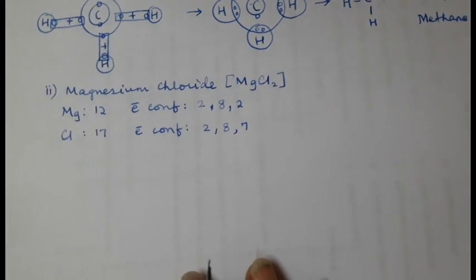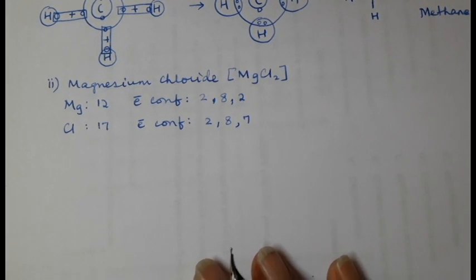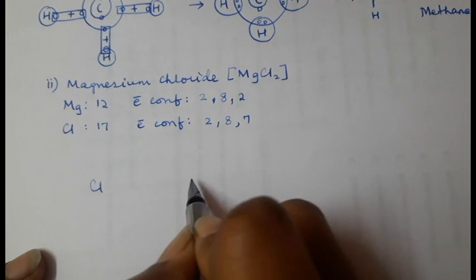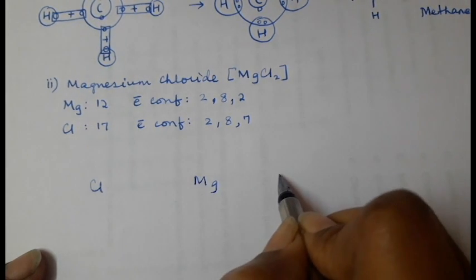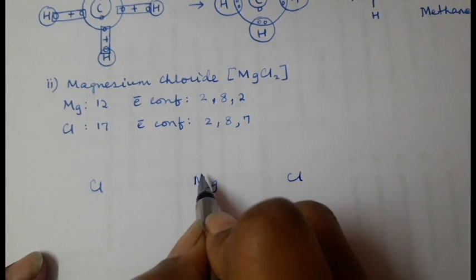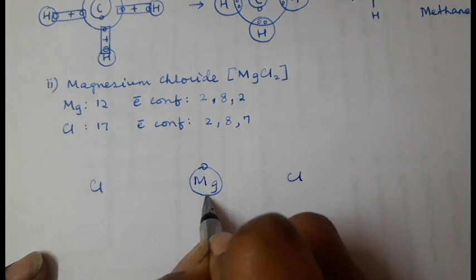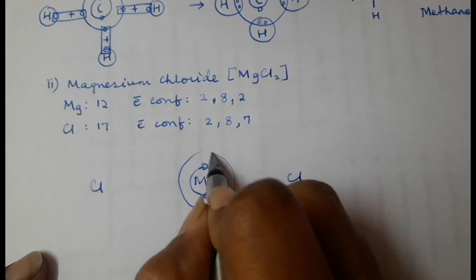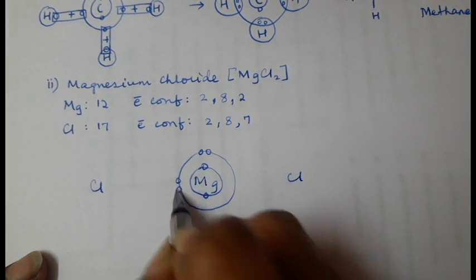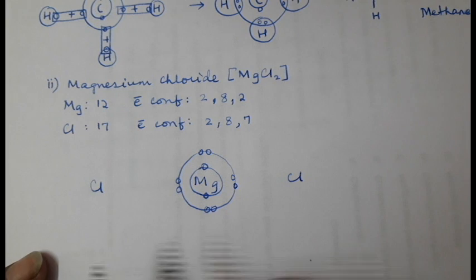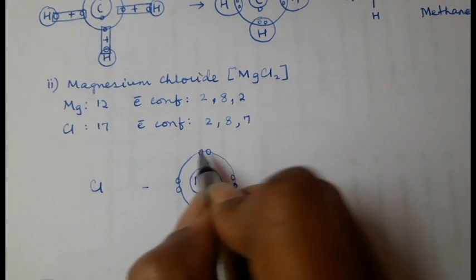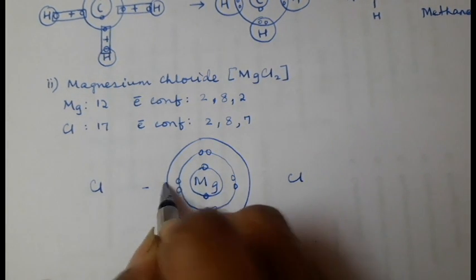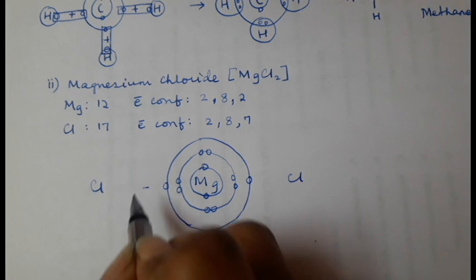So in order to show the orbit structure of formation, we will have chlorine here, magnesium here, and then again chlorine here. So Mg is going to have your 2 electrons in the first shell, 8 electrons in the second shell, and the third shell will have 1 electron and 1 electron, like so.